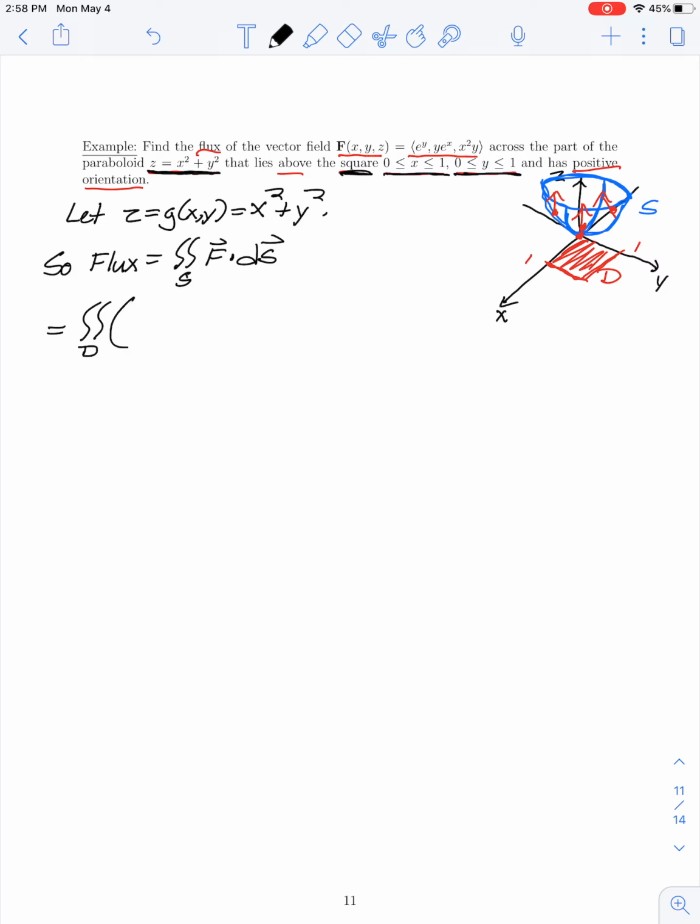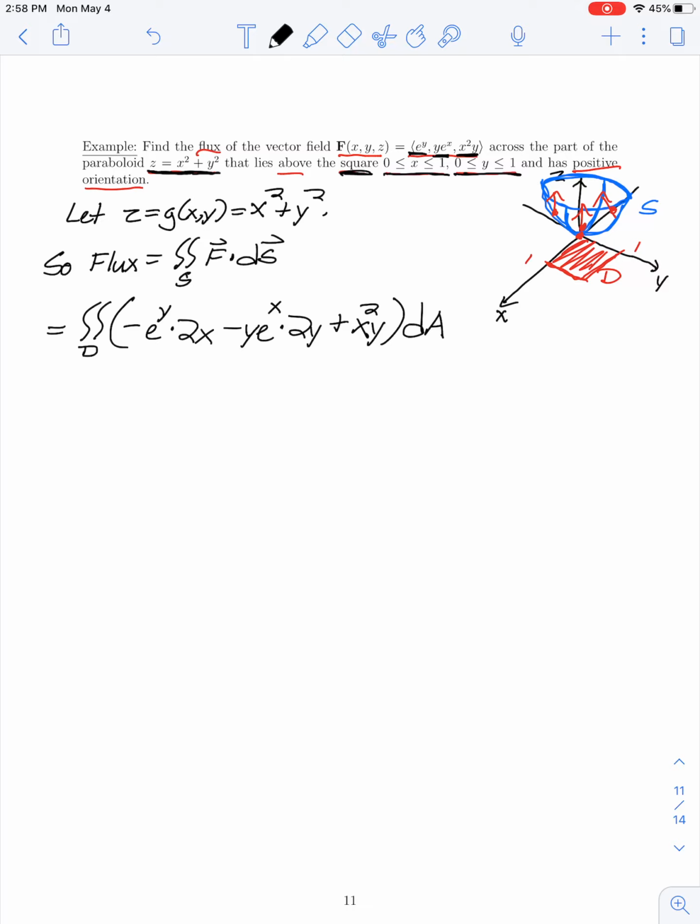And the function that we're integrating is defined as the negative of P, which is our first component of the vector field, so in this case e to the y, times the partial derivative of g with respect to x, which would be 2x, minus Q, the second component function of our vector field, which is y e to the x, times the partial derivative of g with respect to y, which is 2y, plus R, which is the third component of our vector field, here x squared times y, integrating with respect to area.